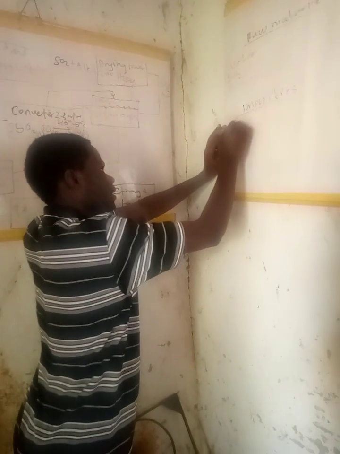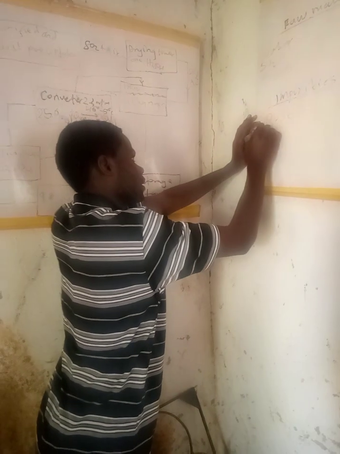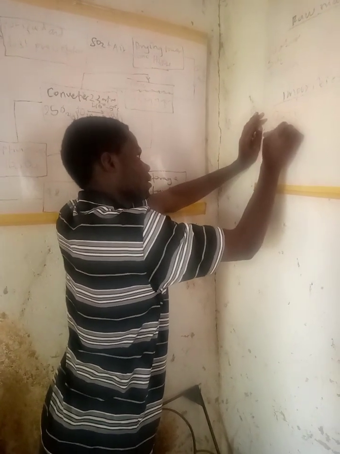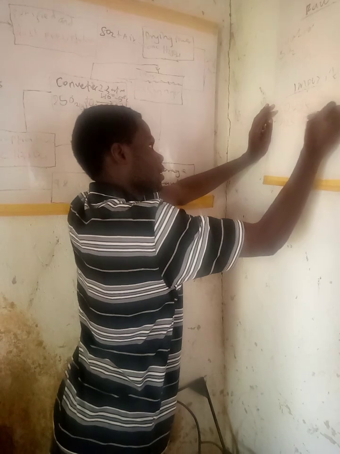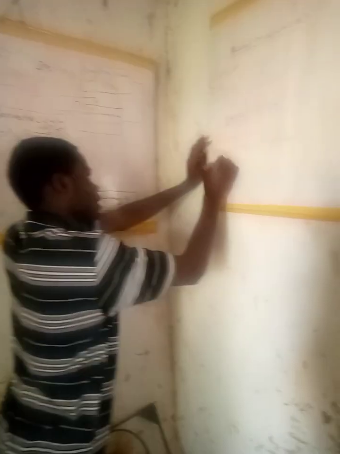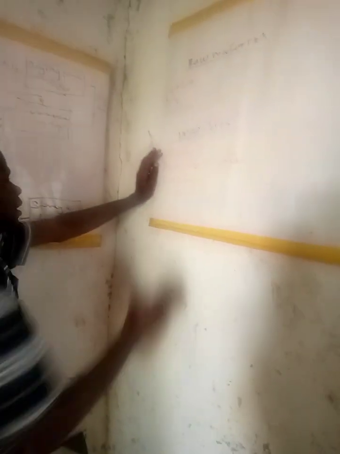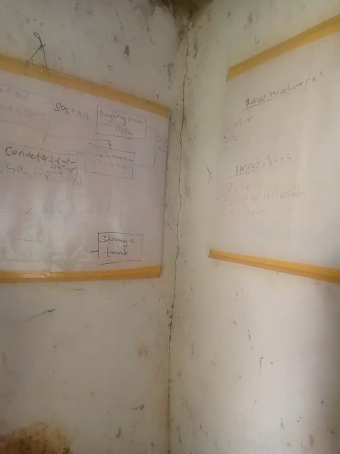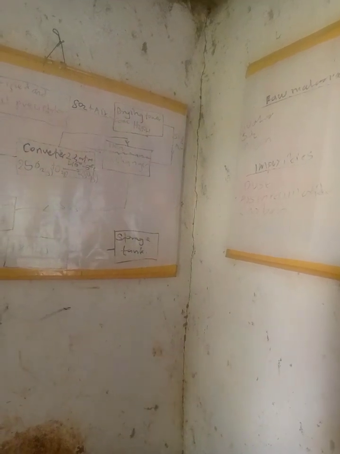We have dust, arsenic 3 oxide, and carbon. These are examples of impurities that are removed at stage 2. The reason these impurities are removed is to prevent them from poisoning the catalyst.